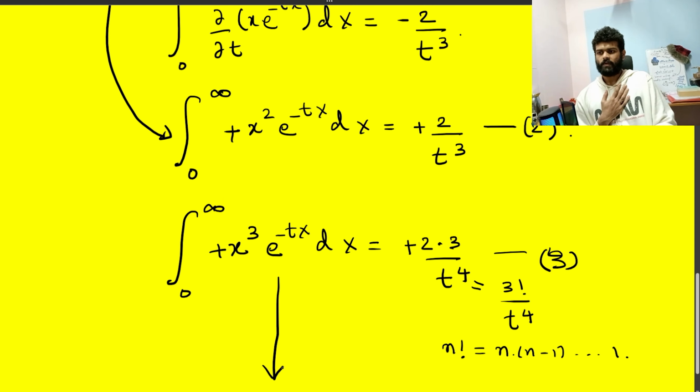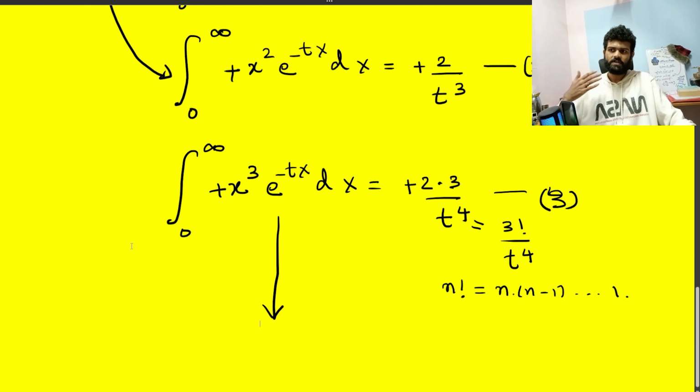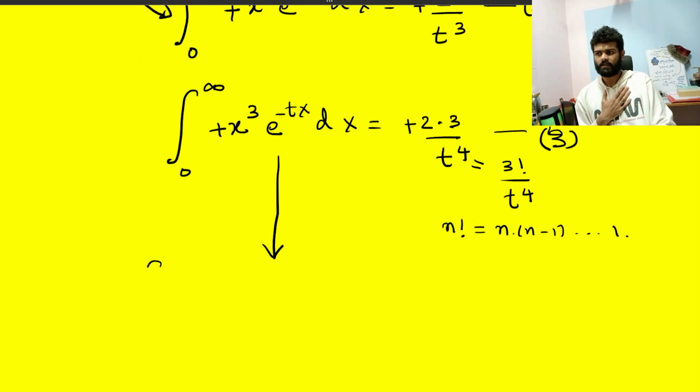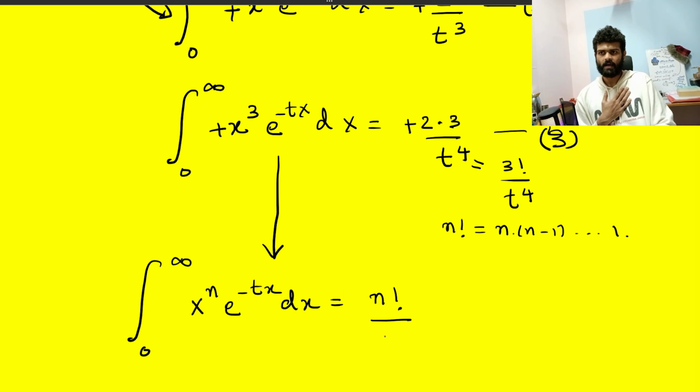If you keep differentiating this, the general formula that you get is integral 0 to infinity x to the power n e to the power minus tx dx is equal to n factorial divided by t to the power n plus 1.